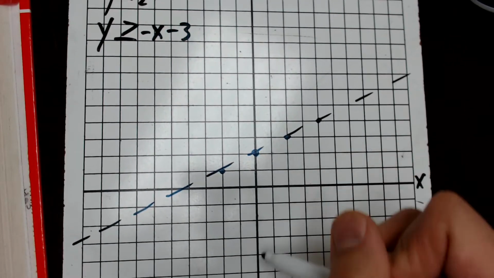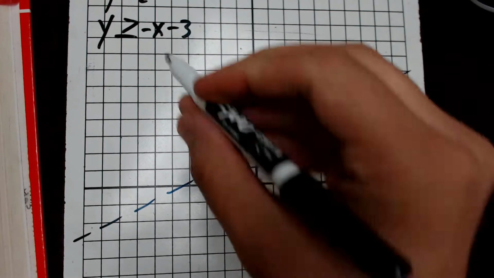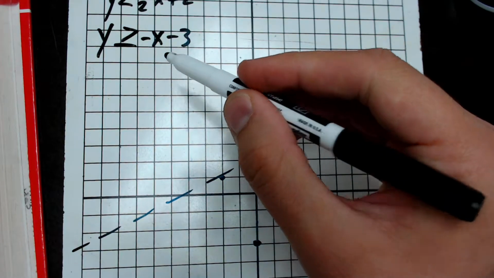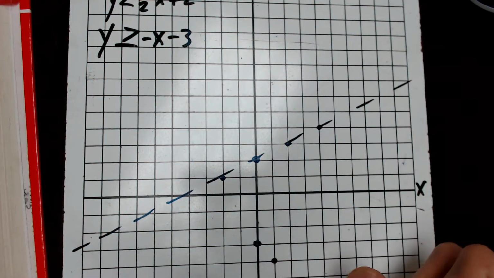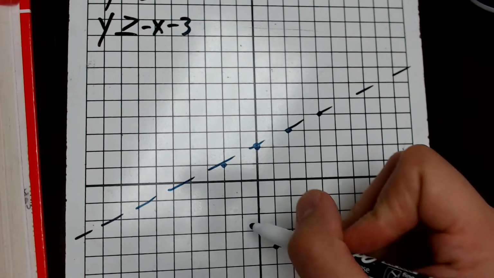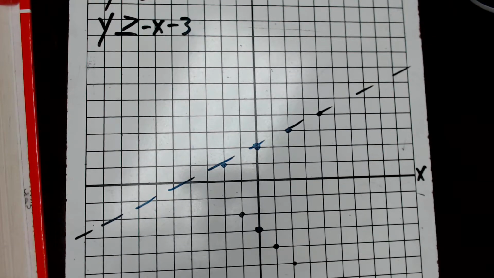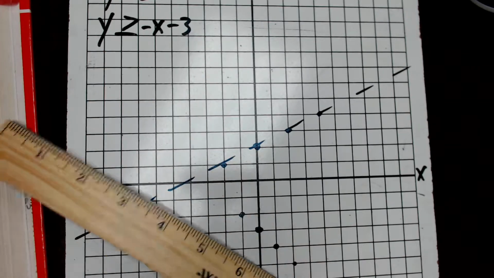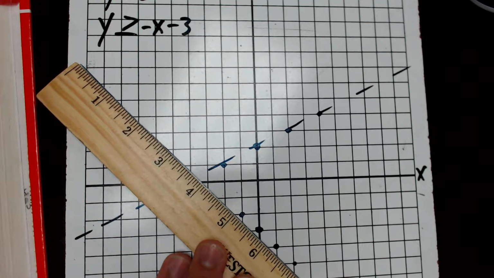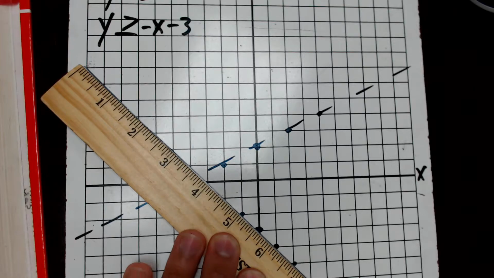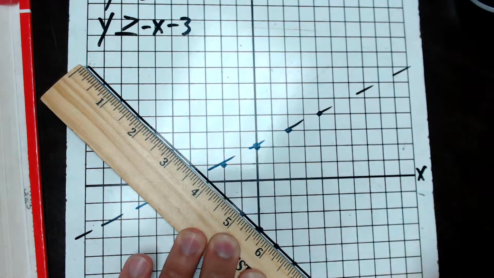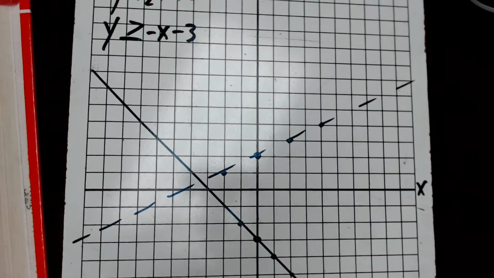So this y-intercept is going to be at negative 3. Negative x is a slope of negative 1 over 1. So drop 1 over 1, rise 1 over 1. And this one is equal to, so I can draw a solid line for this one. And I've got my two lines.